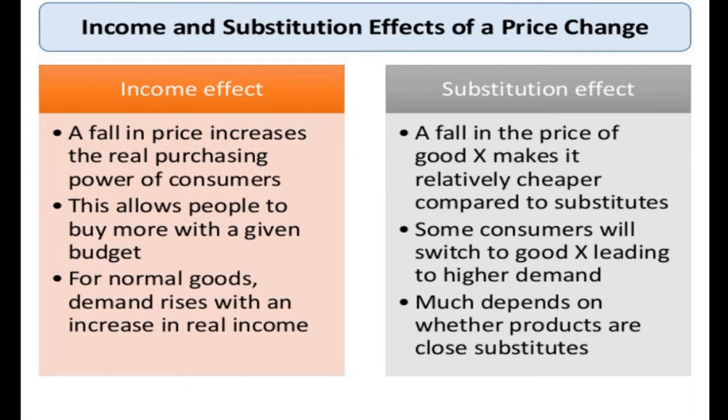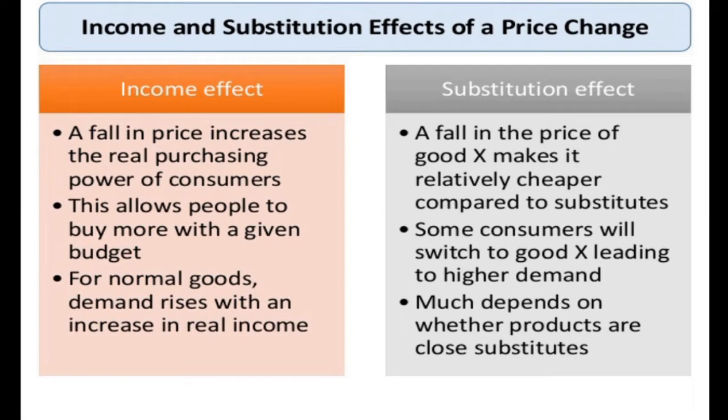Okay, so let's see what is substitution effect. When a commodity's price declines, that commodity becomes relatively cheaper compared to the substitute commodity. For example, let's suppose we are talking about apple and orange.